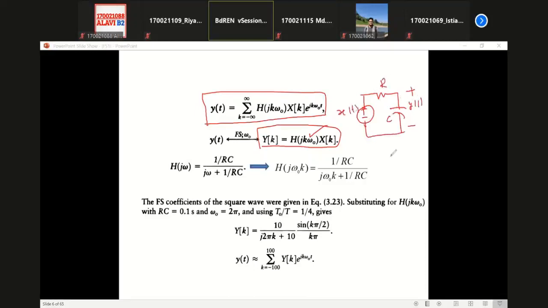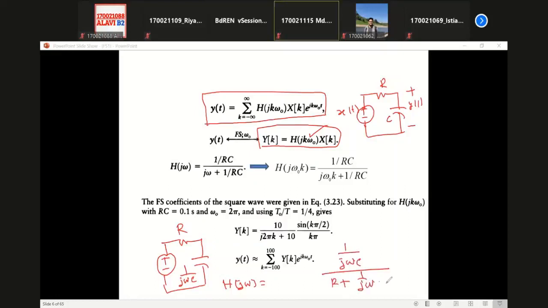When you transfer this circuit into the frequency domain, R will remain unchanged, and your C can be replaced by 1 divided by j omega C. Then you can easily find that if we take the output across the capacitor, H(j omega) would be equal to 1 divided by j omega C, divided by R plus 1 by j omega C. And this is your transfer function. By using simple circuit theory, you can easily determine this transfer function.